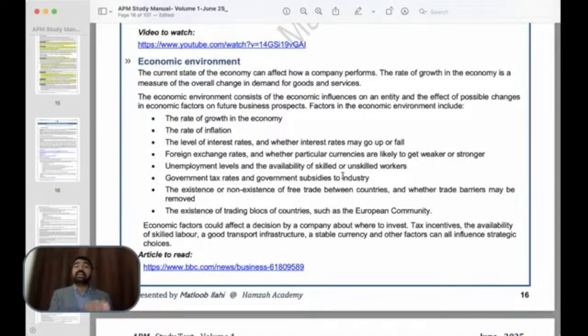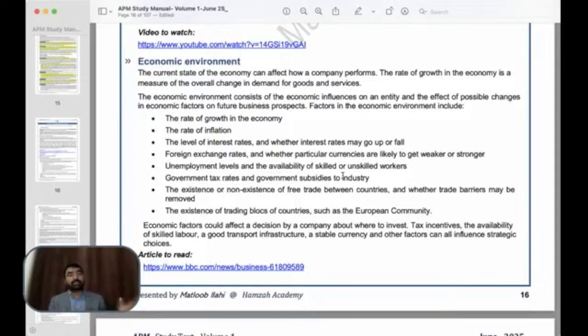So this is now affecting the overall confidence of investors and the business community, and that means people are spending less because there are fears and concerns about what if they lose their job. So that's why people would prefer to save their money.